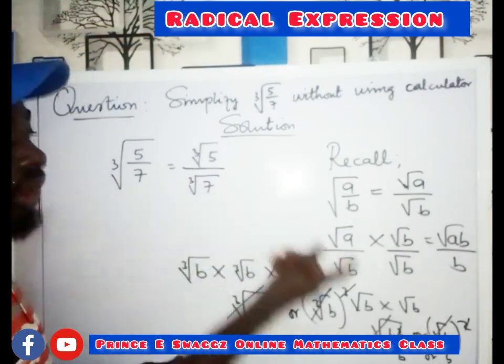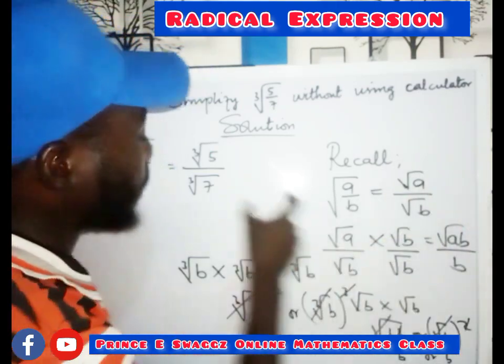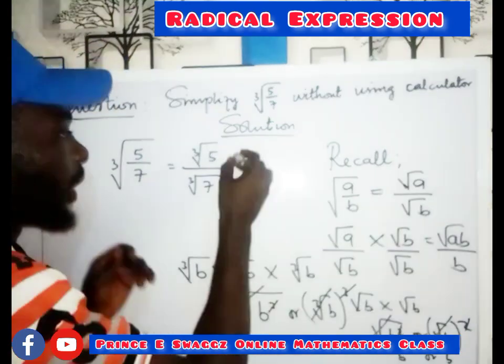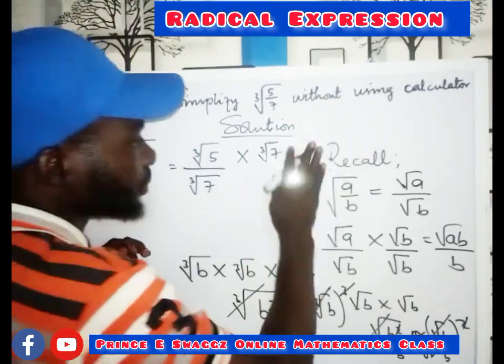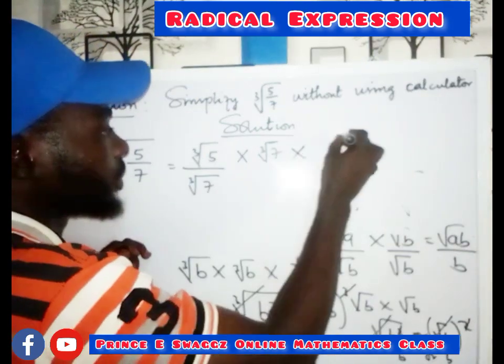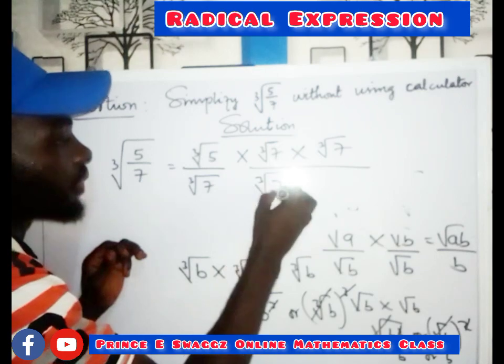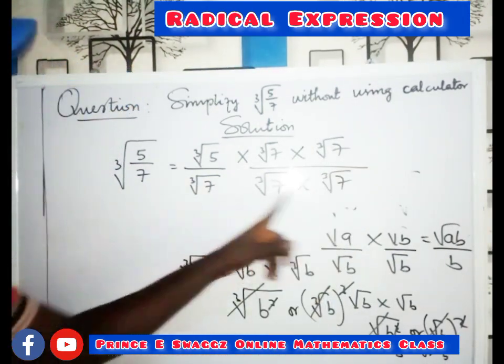And we already have 1 out of it, not like the previous one, where we had to multiply 2 times. Here, out of the 3, we already have 1, so we just multiply it by 2 more. That is the cube root of 7 times the cube root of 7. And this one too, the cube root of 7 times the cube root of 7, to make it 3.